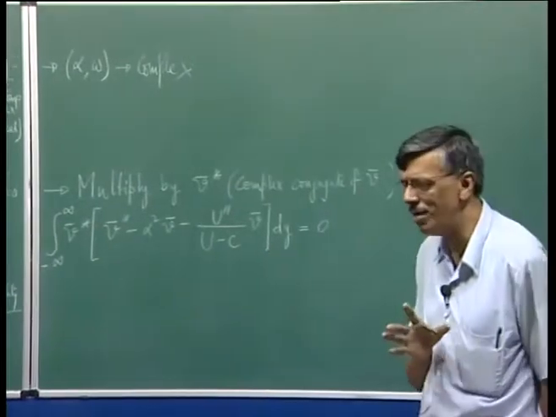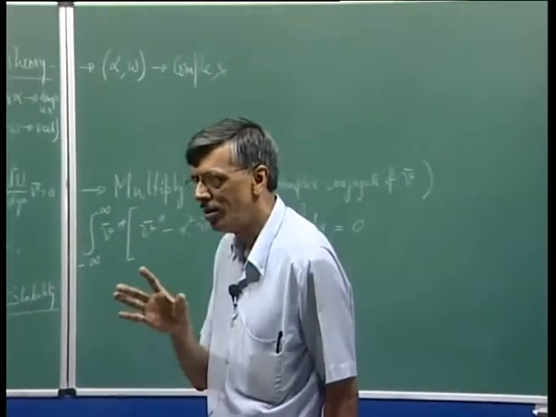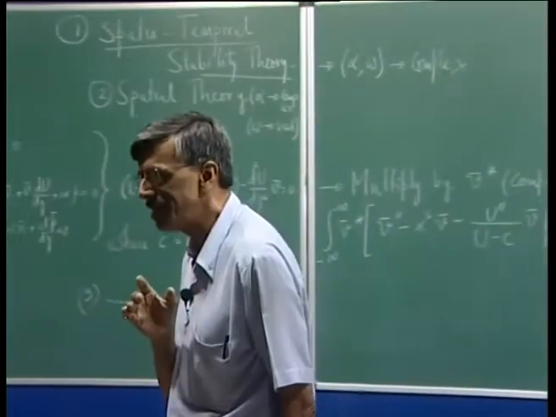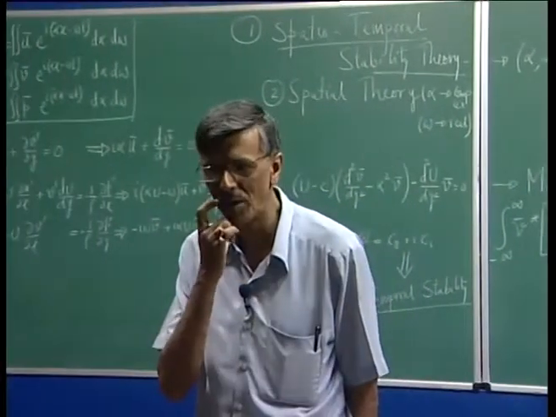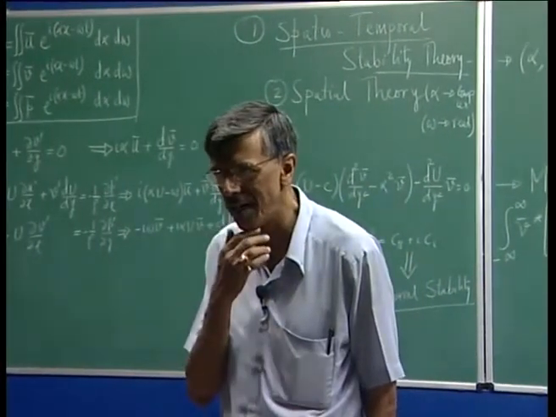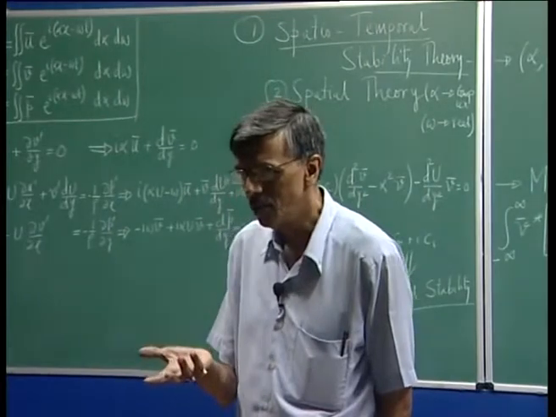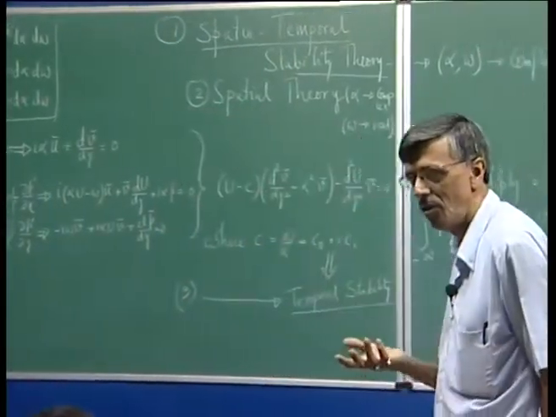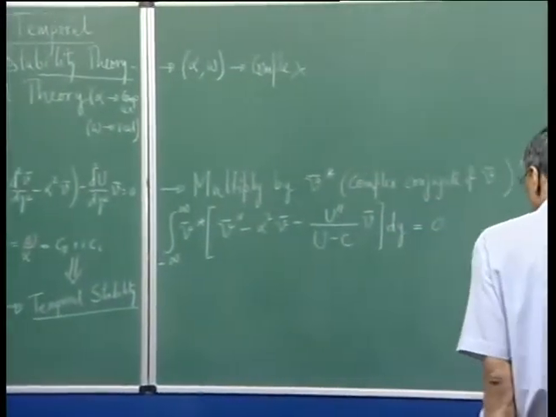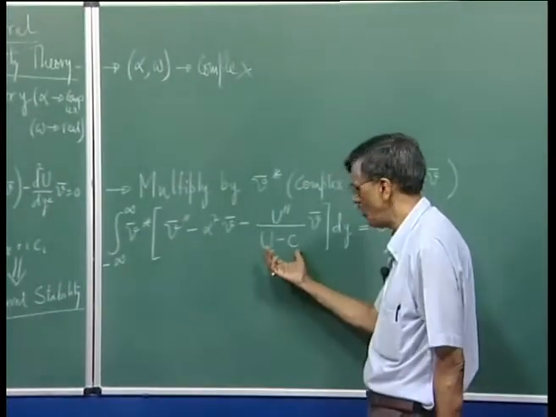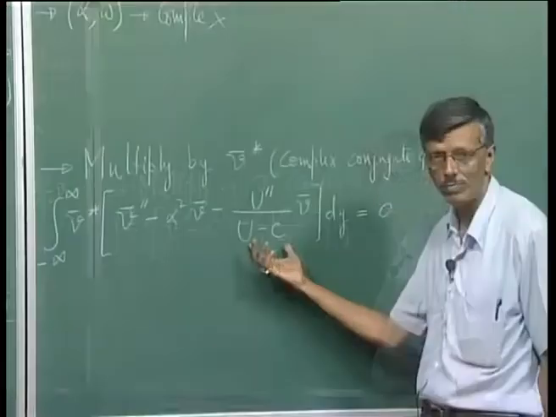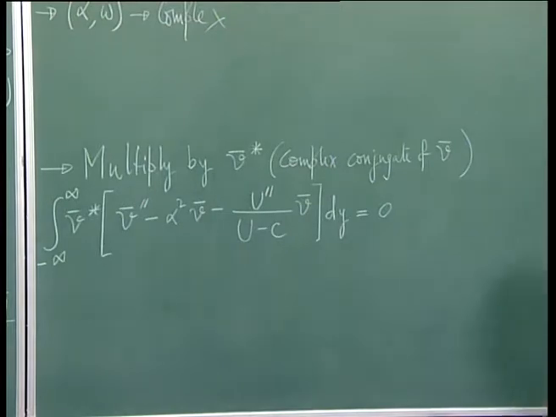Although, you would have a situation for neutral stability. Neutral stability would correspond to what value of c_i? c_i equal to 0. So, for a neutrally stable flow, you will have a height where this can match. What are we talking about?